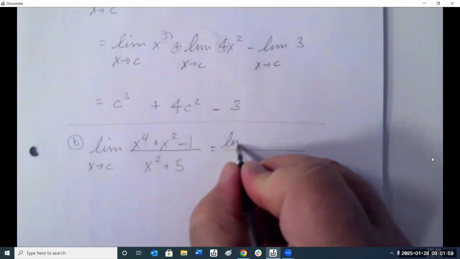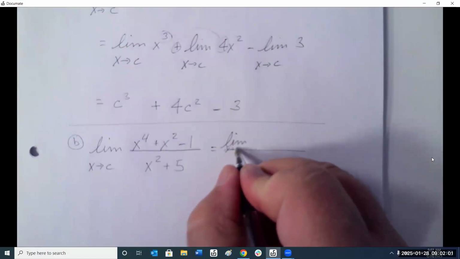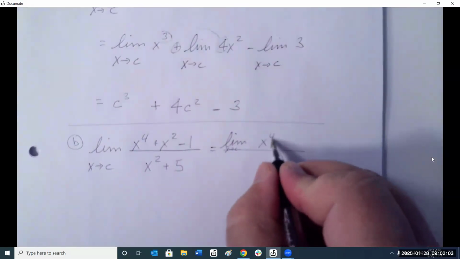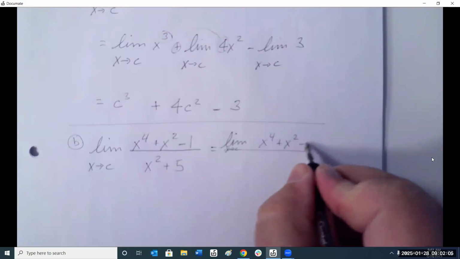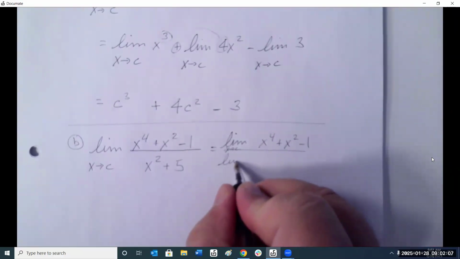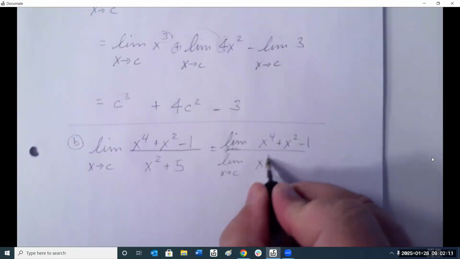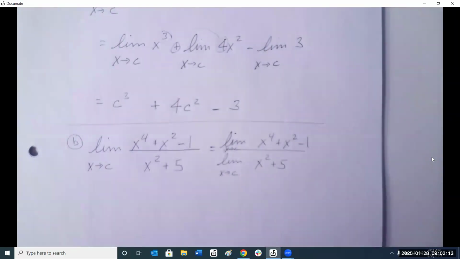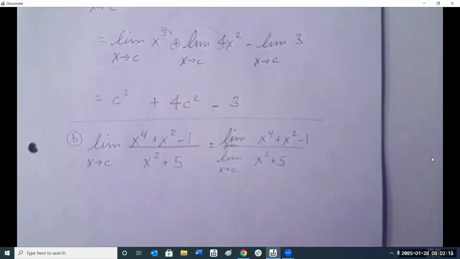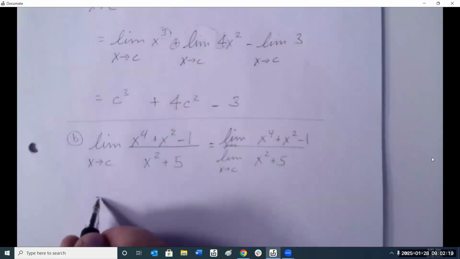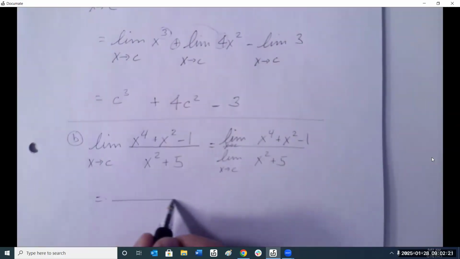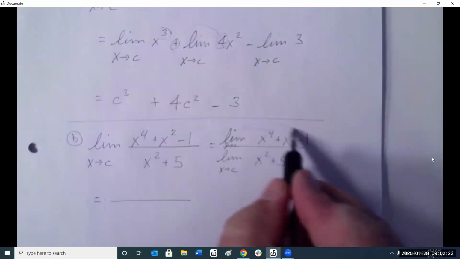So we take the limit as x approaches c of x to the fourth plus x squared minus 1 over the limit as x approaches c of x squared plus 5. Now we treat the numerator and the denominator separately. Distribute that to each one.